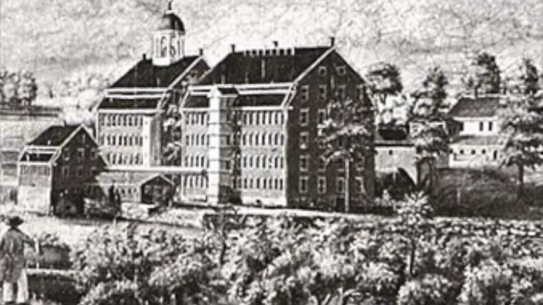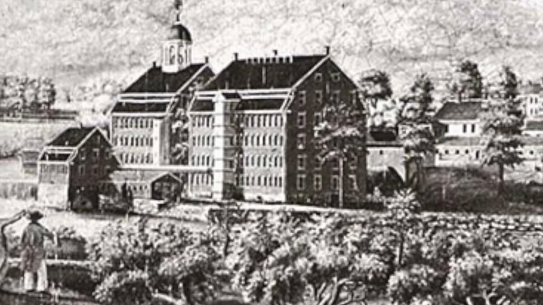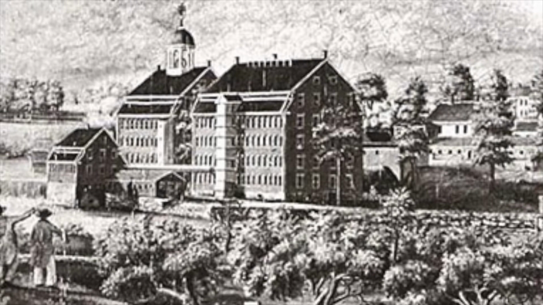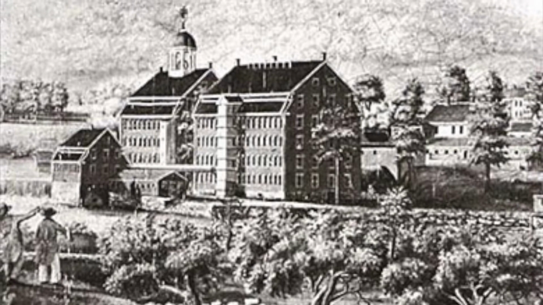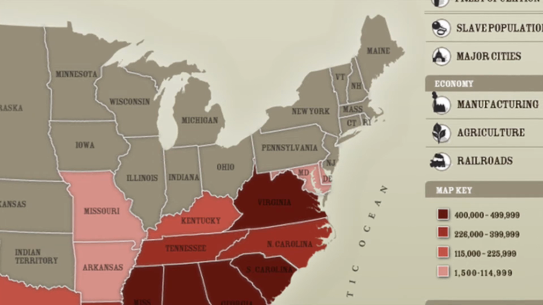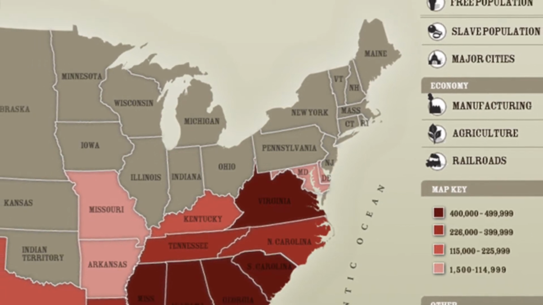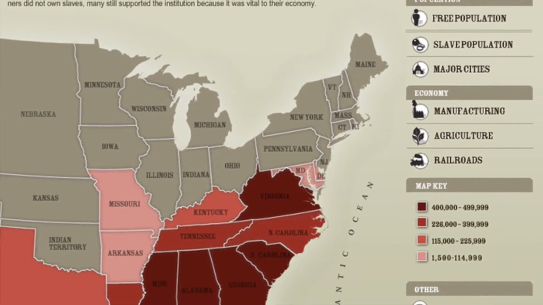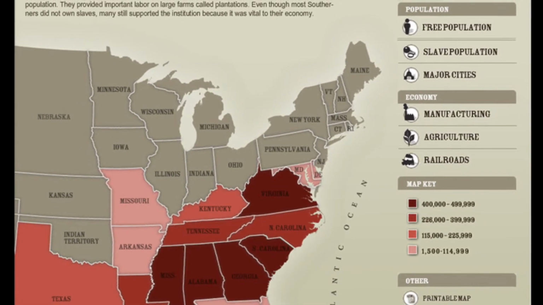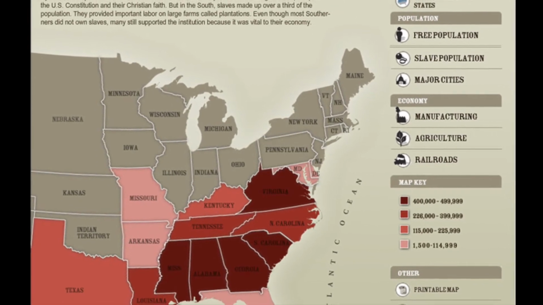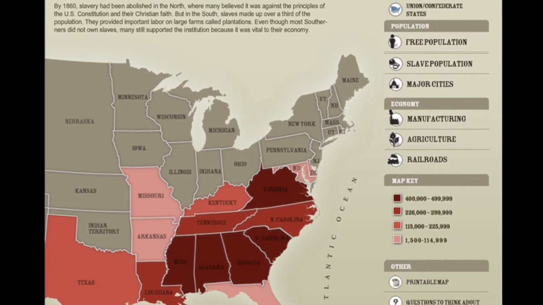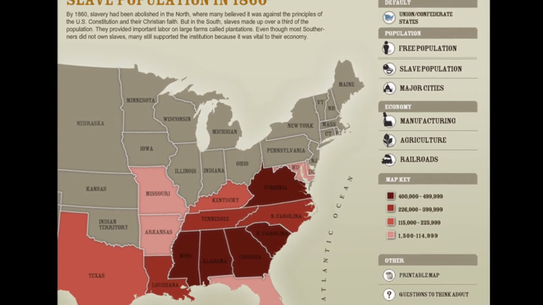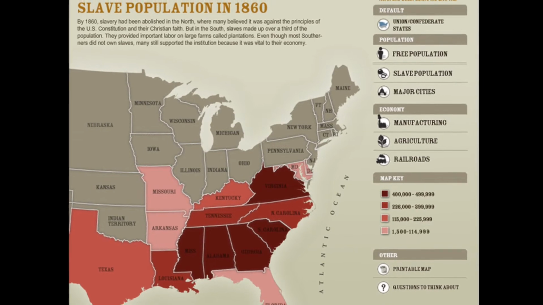They're going to go to the North where they have access to jobs, access to homes in the new growing cities and urbanization and factories and manufacturing. So the population in the North is growing very rapidly, which does help the House of Representatives to grow in favor of Northern abolitionism and to outnumber the Southern representatives in the House of Representatives. This is why the Senate is such a big deal.